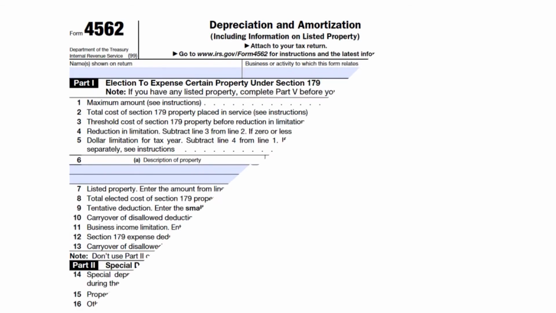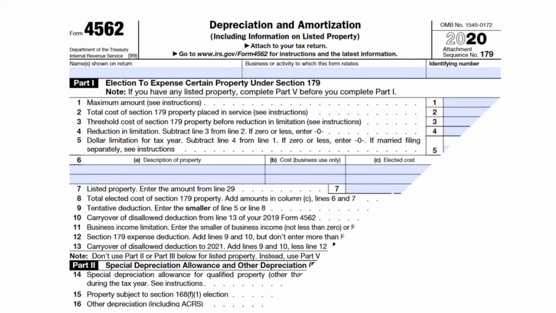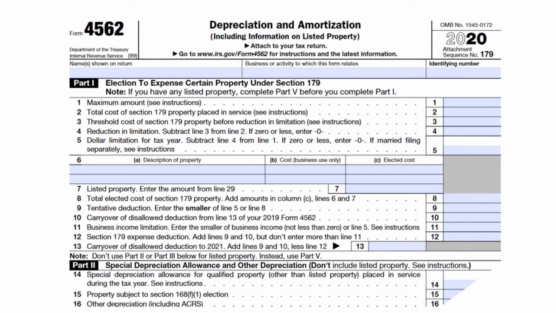Form 4562 talks about amortization and depreciation, and this is where you have to pay attention to MACRS or ACRS when it comes to the depreciation method. MACRS stands for Modified Accelerated Cost Recovery System, and ACRS stands for Accelerated Cost Recovery System, which applies to assets that were placed in service before 1986.